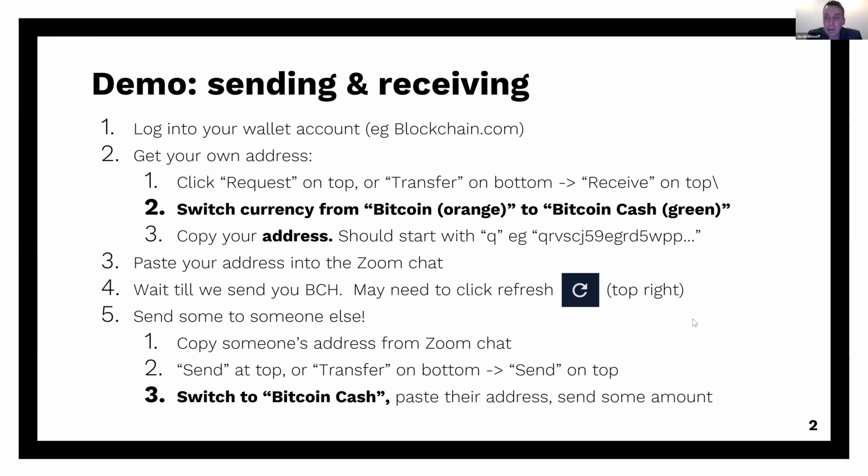If you see that you received some cash, if you see your balance change, maybe post something in the chat so that we can see that it's actually working. Awesome.